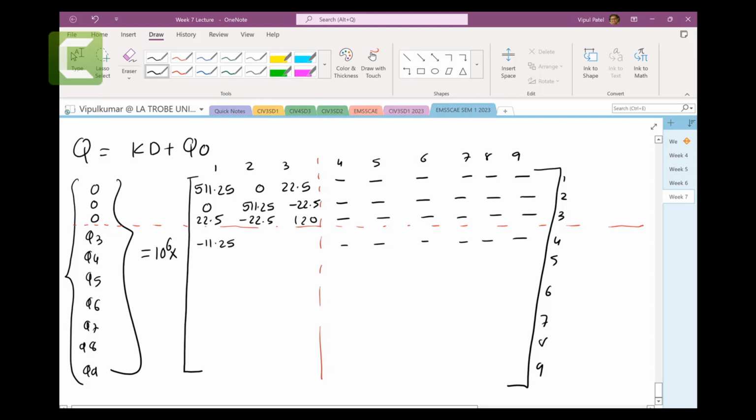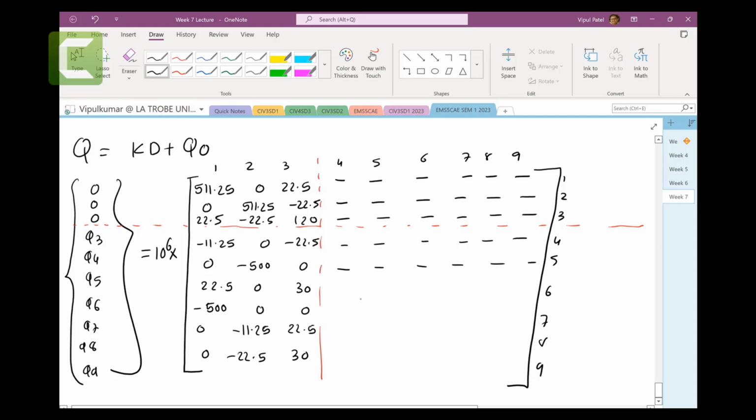And this one is 11.25, 0, minus 22.5, 0, minus 500, 0, 22.5, 0, 30, minus 500, 0, 0, 0, minus 11.25, 22.5, 0, minus 22.5, and 30. These numbers you can copy, but we're not going to use them, so I just put the dash there.